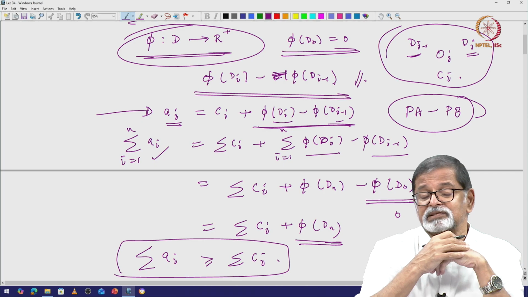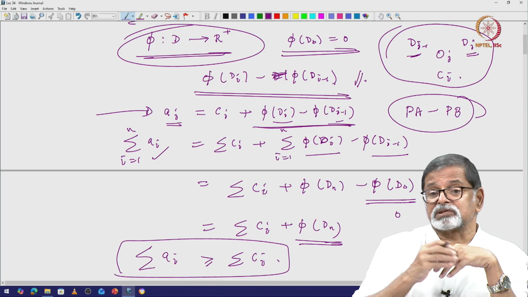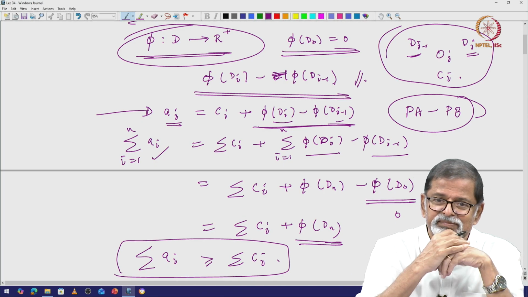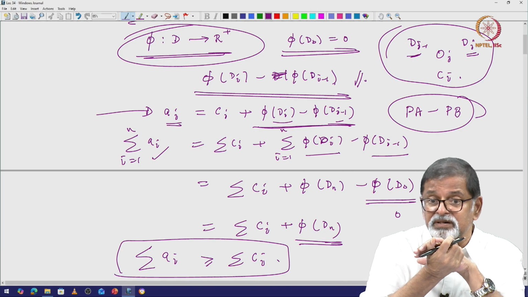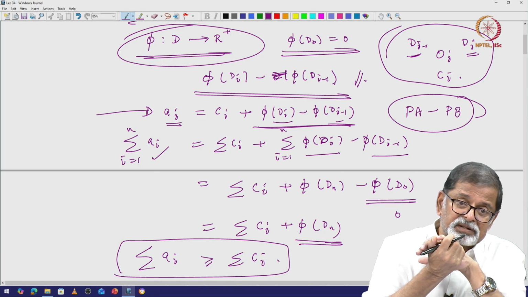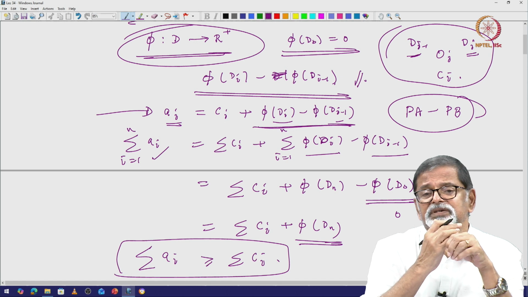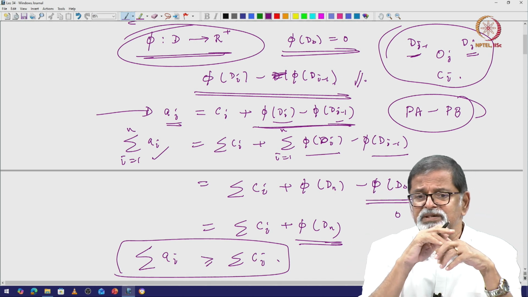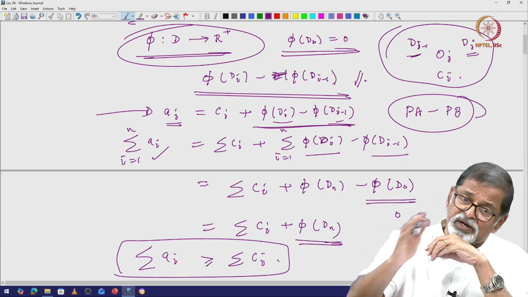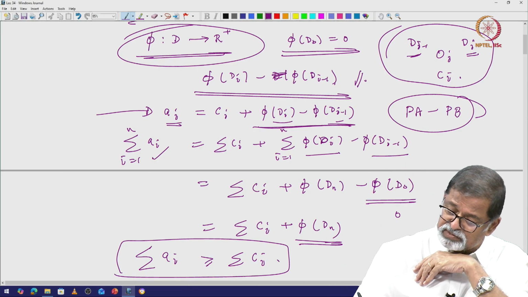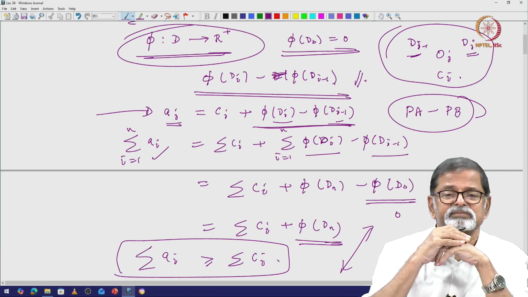So amortized analysis is introducing amortized cost through a potential function. You have to be very wise and careful in the definition of the potential function. Useless potential function or irrelevant potential function, every potential function will define Ai, and that sigma Ai will be greater than or equal to sigma Ci, as you can see here.